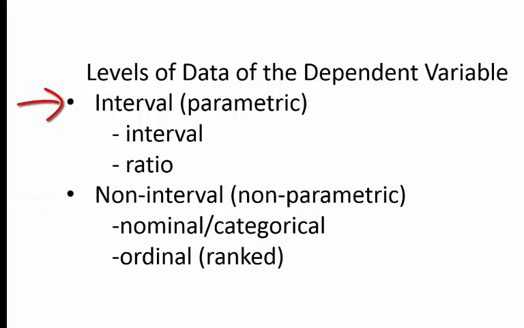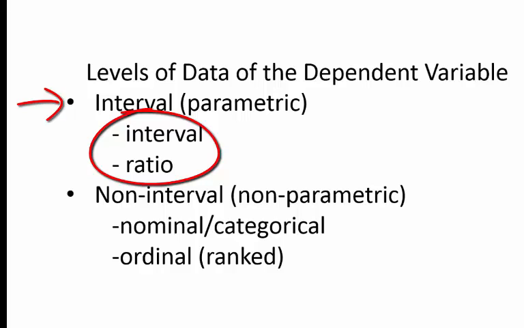Interval includes parametric data. These are data that are interval level or ratio data. These are numbers that can be added, subtracted, multiplied, or divided and still have a value. They are usable continuous data that can be used numerically.